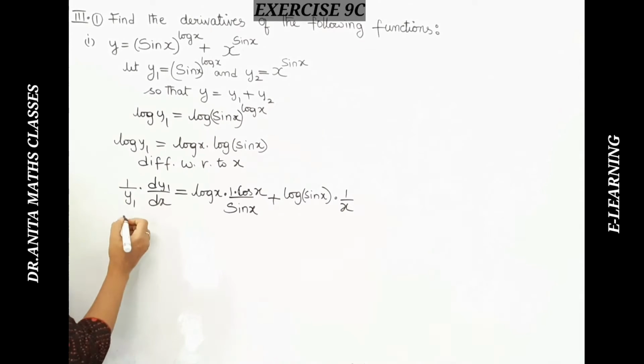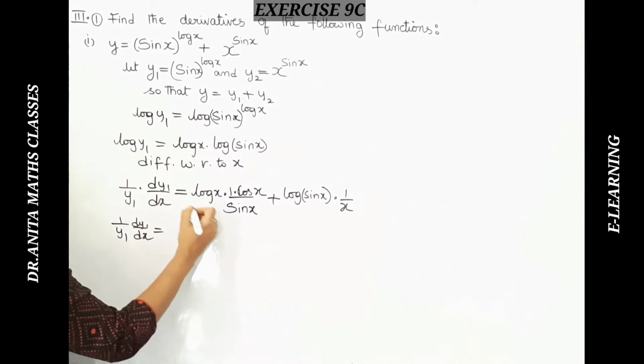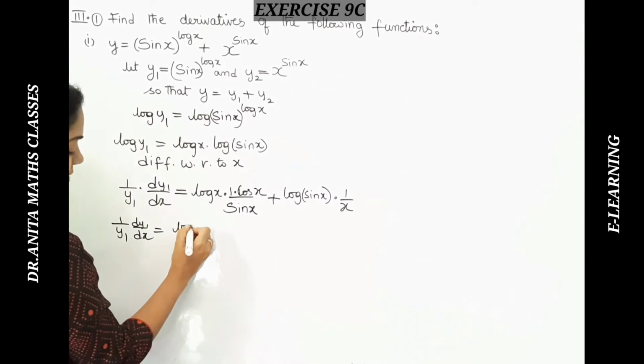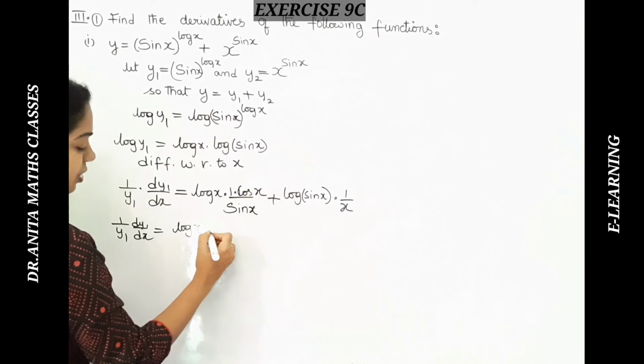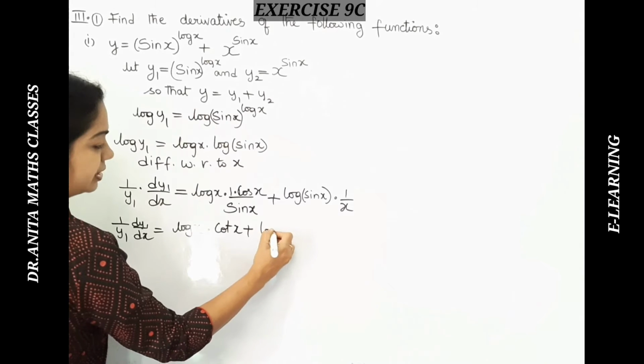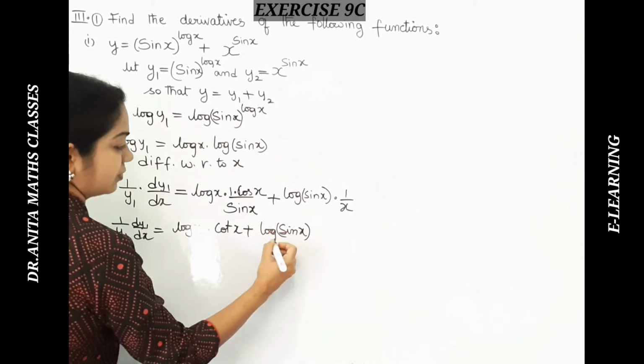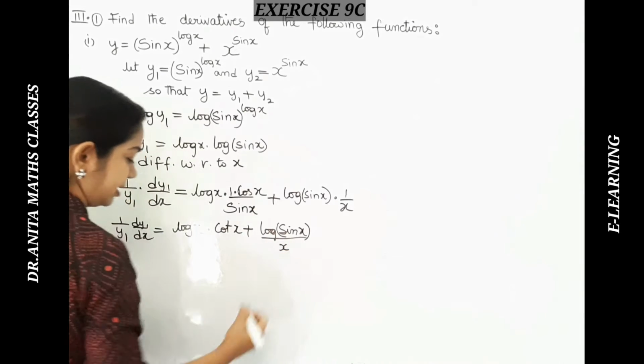Here we have 1 by y1 dy1 over dx is equal to, so we will simplify further, log x, this becomes cot x plus log of sin x over x.